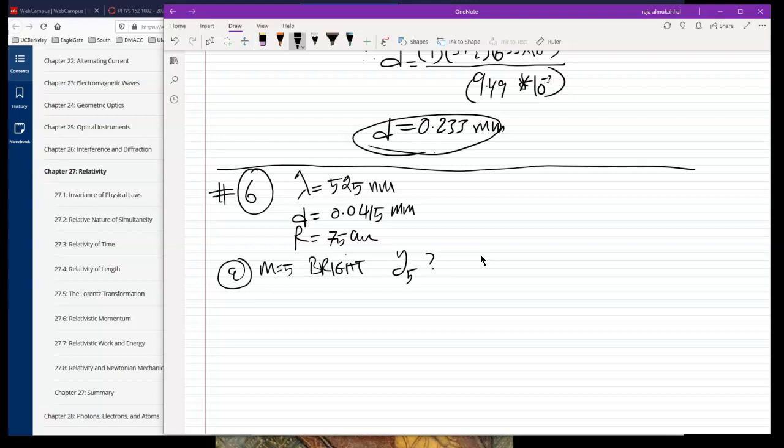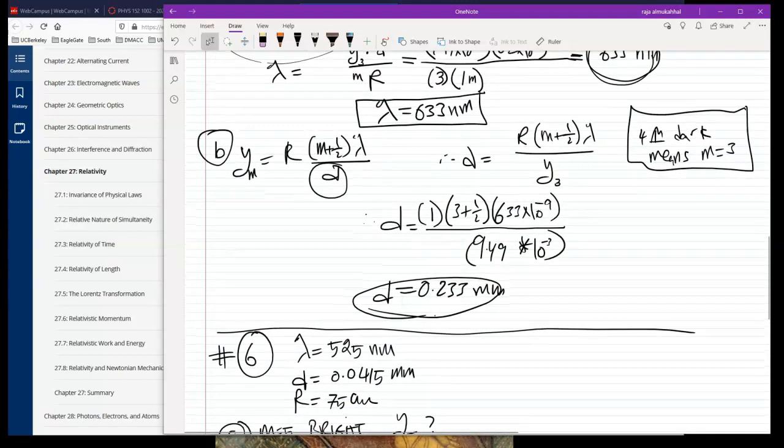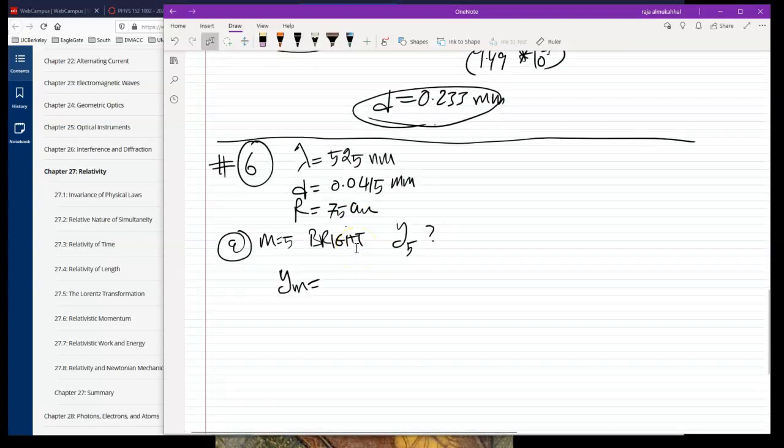And of course, as you know, y sub m is right here. Let's scroll down. It is similar to this one, except that this is for dark. So for bright it's going to be R m lambda over d, correct?